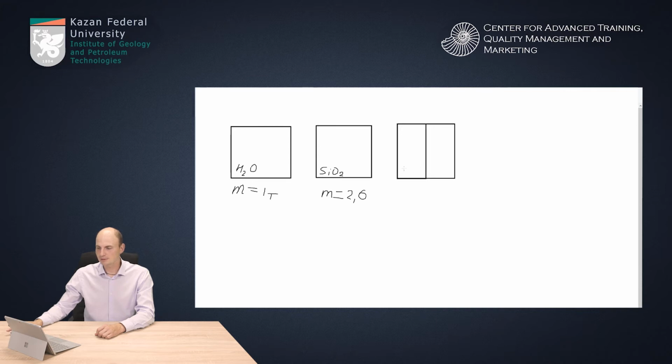The first part we fill with water, and the second part we fill with quartz. What's going to be the mass of that cubic meter? In this case, the half of quartz gives us 1.3, and the half of water gives us 0.5. So the mass is going to be 1.8 tons.